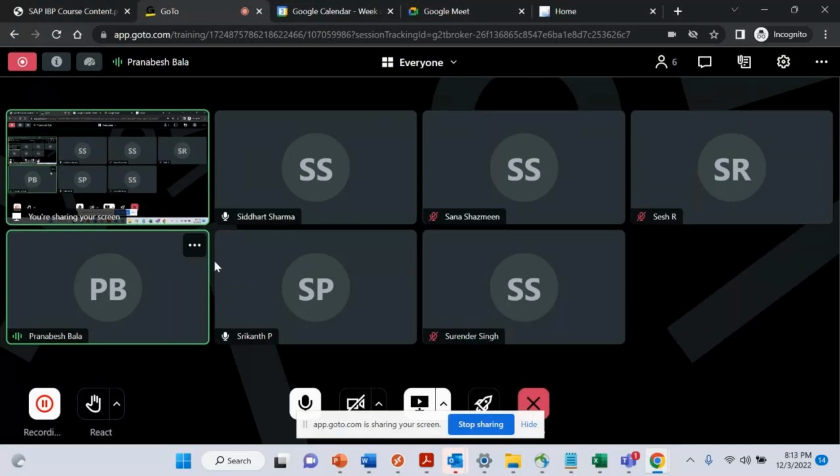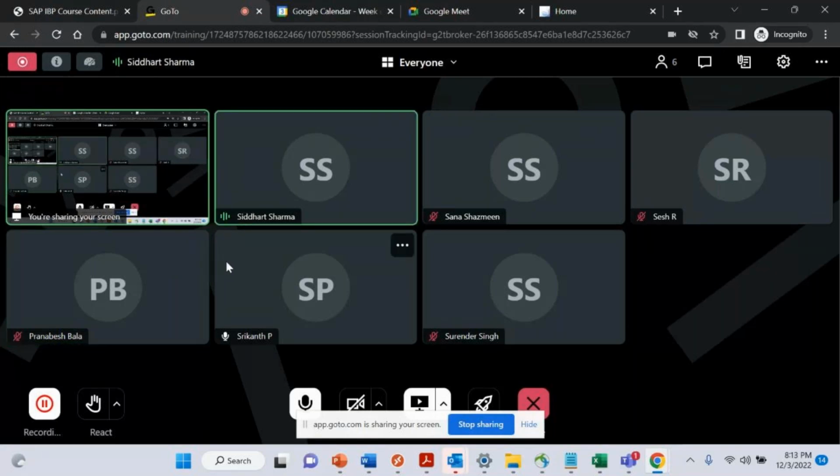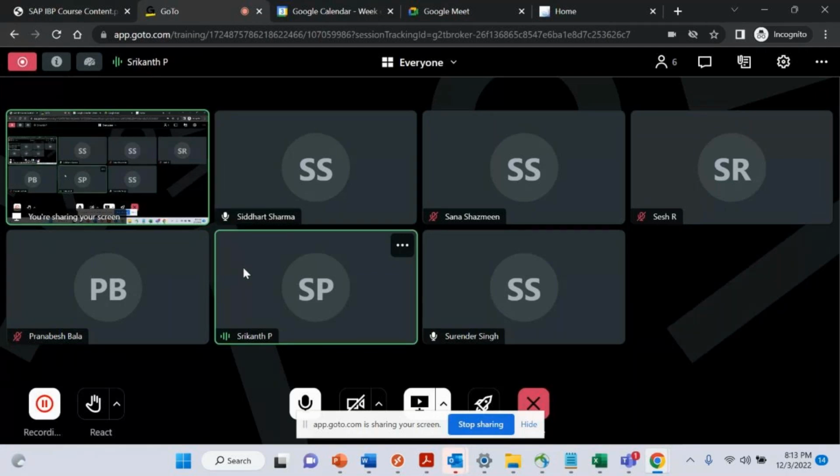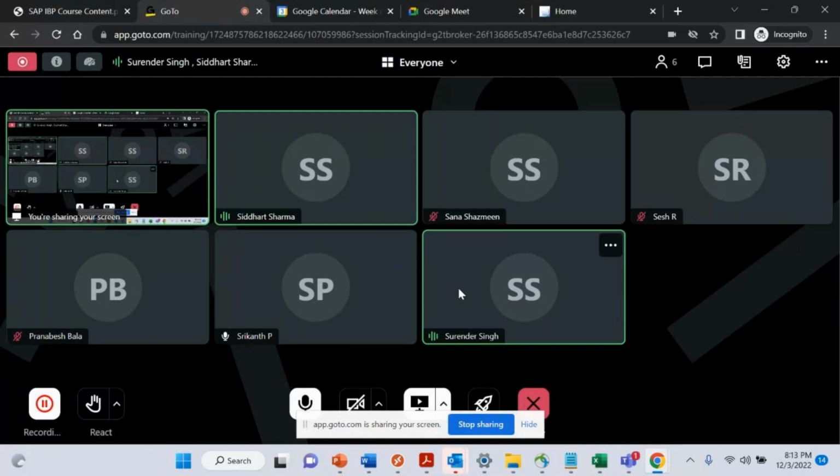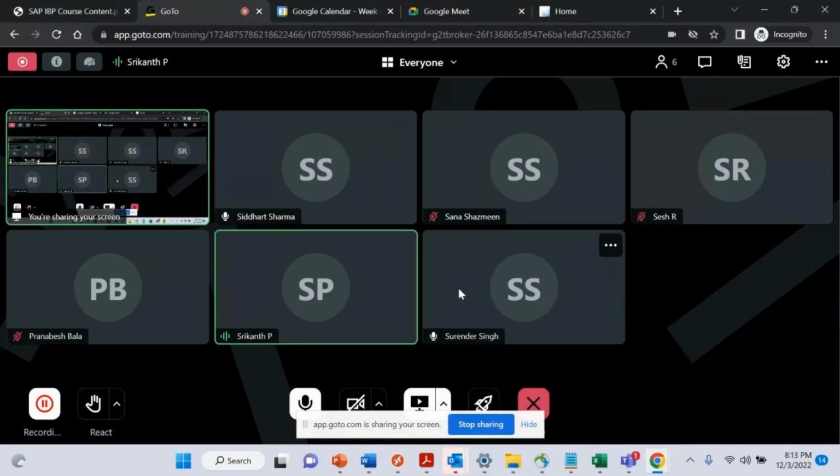I am also familiar with scheduling these job templates and creating attributes. But Surinder, beyond that? This I have not worked on. I am new to this.